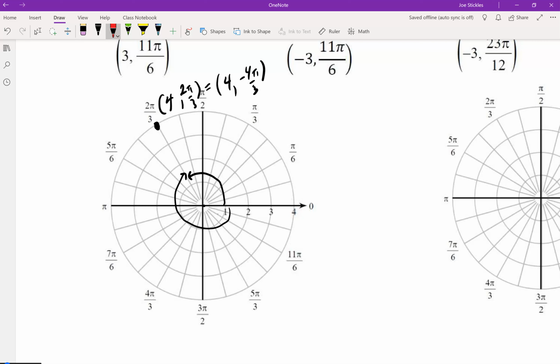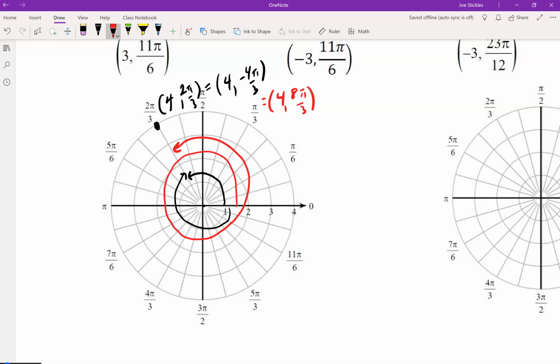Or we could have gone all the way around one time and then gone to it, and that would have been 8 pi over 3, adding 2 pi, or 6 pi over 3. And you can do this all day long with adding and subtracting 2 pi. That's what I mentioned before.